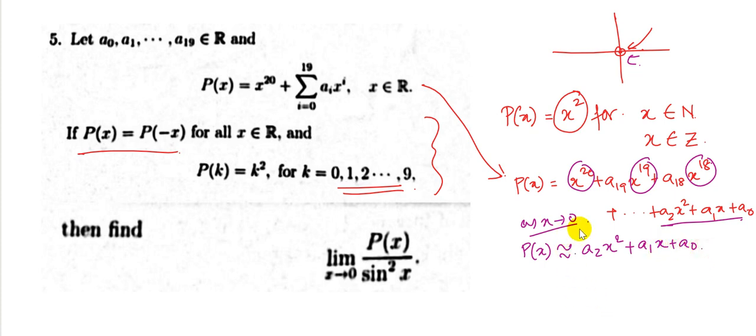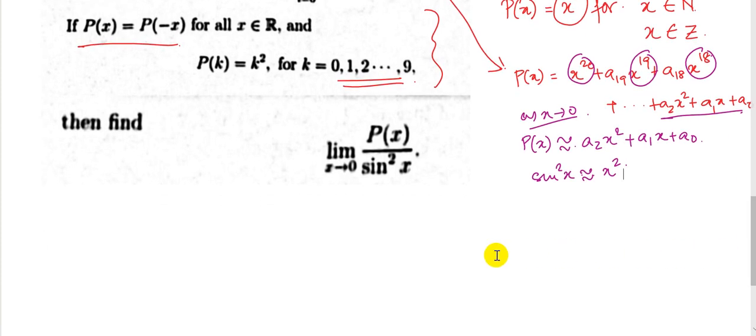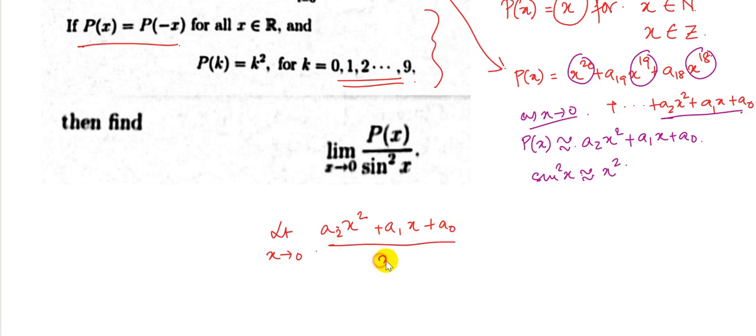Similarly, as x tends to 0, sine square x is approximately equal to x square. So therefore we can see that the function or the limit will be of the form limit of x tending to 0 of a2 x square plus a1 x plus a0 upon x square.